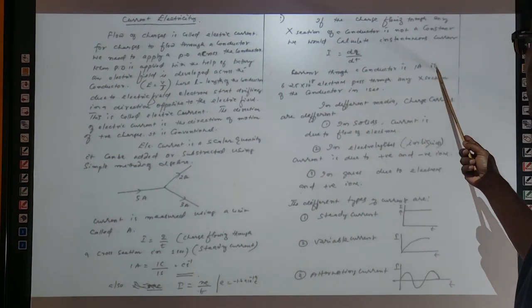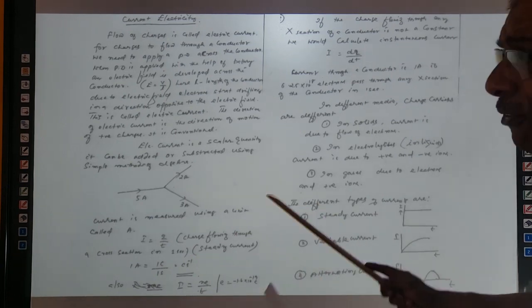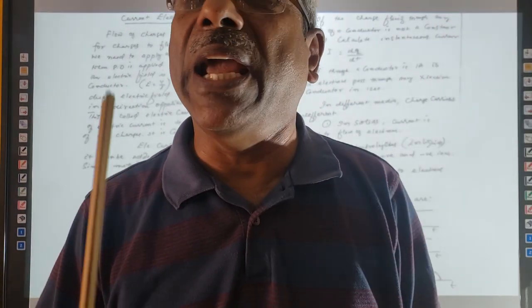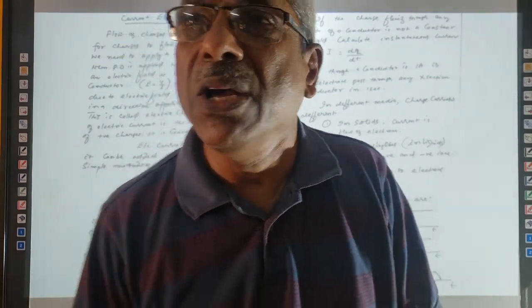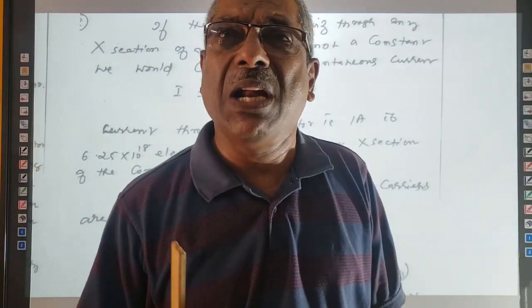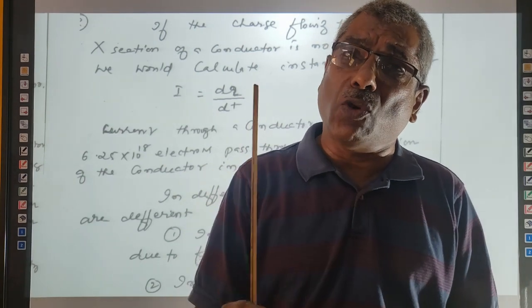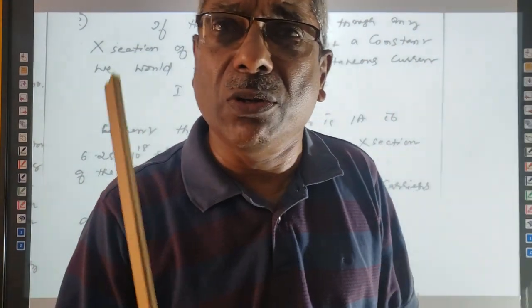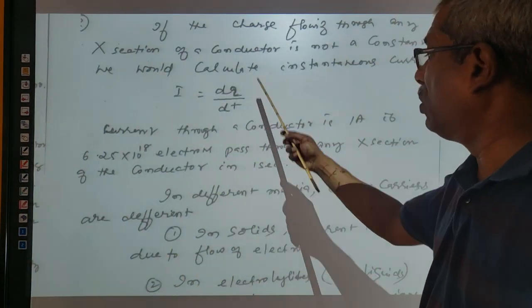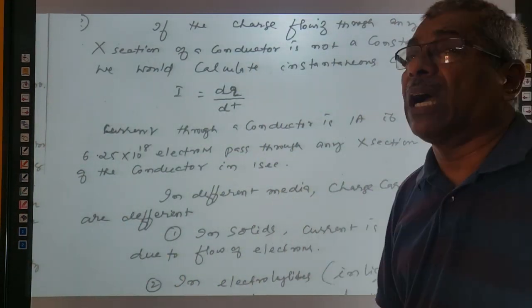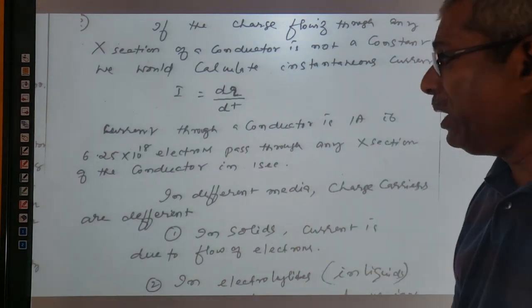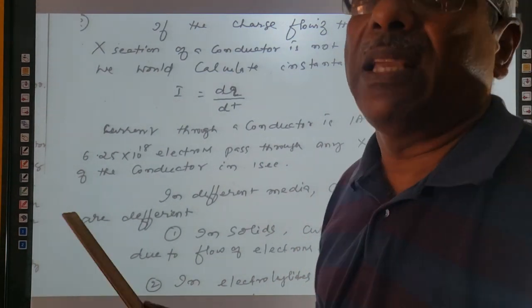Current through a conductor is 1 ampere if 6.25 times 10 raised to 18 electrons cross a cross section in 1 second. So through any cross section of a conductor, if 6.25 times 10 raised to 18 electrons pass in 1 second, then we say that the current through the conductor is 1 ampere. Through different media, the charge carriers are different.